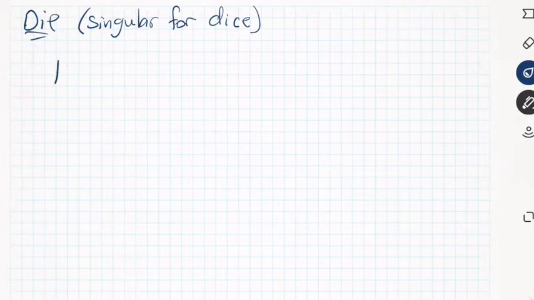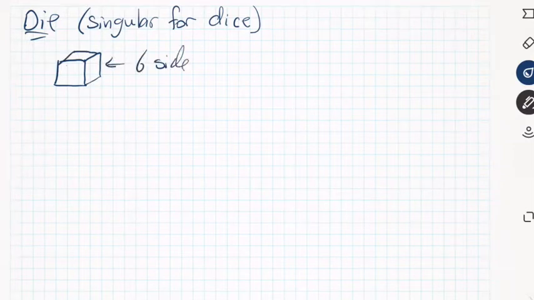If you don't know what a die is, it is a cube, and a cube has 6 sides. So when you roll a die, you're only going to have an upward facing side of one of the 6 sides.